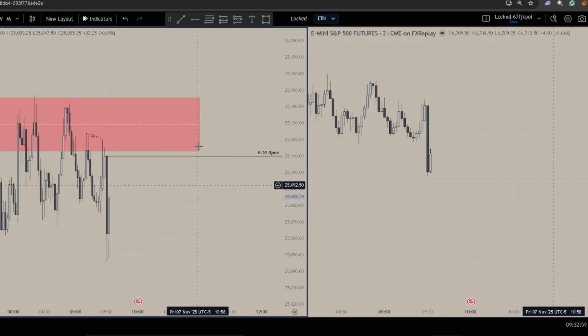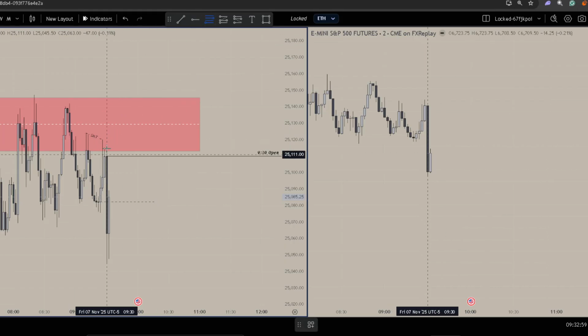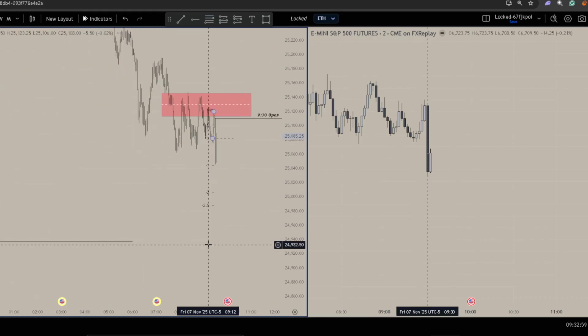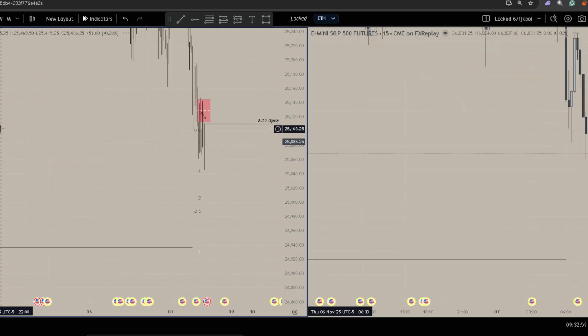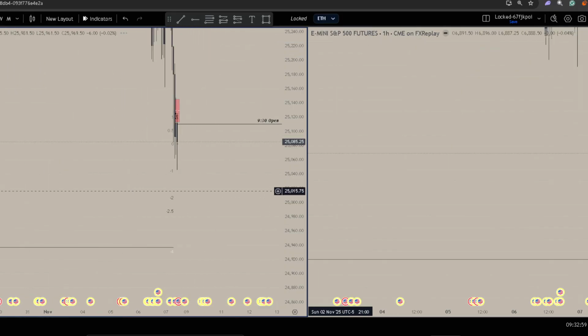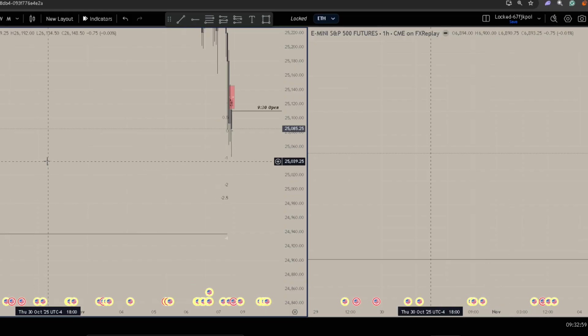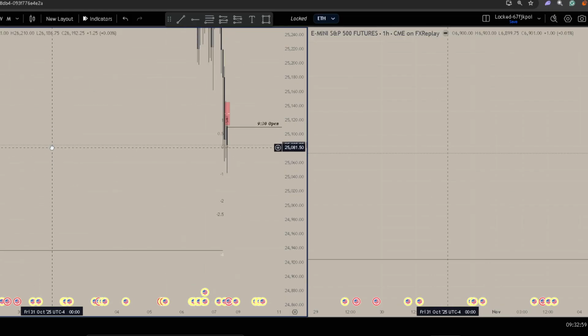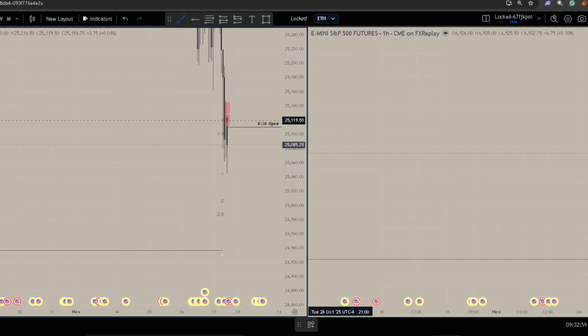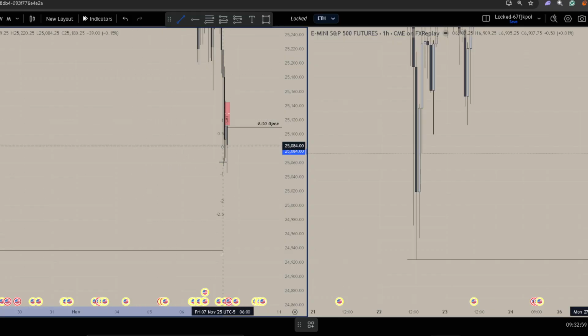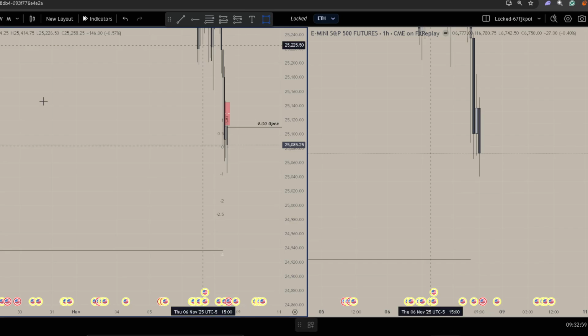We got this SMT. Boom, but what is the risk reward on this? We're also reacting off of this hourly though. Let's keep that in mind.